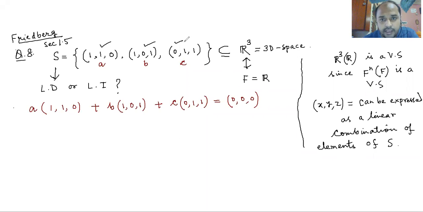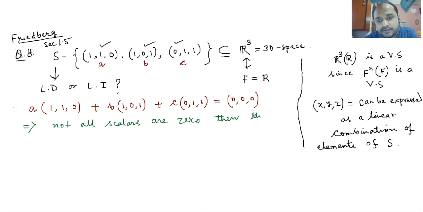If you have gone through my YouTube video which I published last week, there I showed that if this linear combination is zero implies that not all scalars are zero, then this means the vectors under consideration are LD.